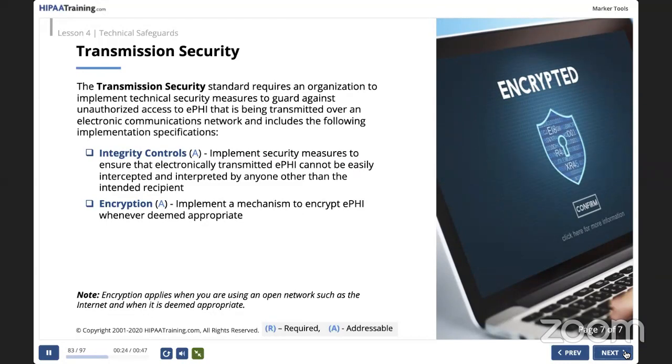Implement security measures to ensure that electronically transmitted EPHI cannot be easily intercepted and interpreted by anyone other than the intended recipient. Encryption. Implement a mechanism to encrypt EPHI whenever deemed appropriate. Note: encryption applies when you are using an open network, such as the internet, and when it is deemed appropriate.